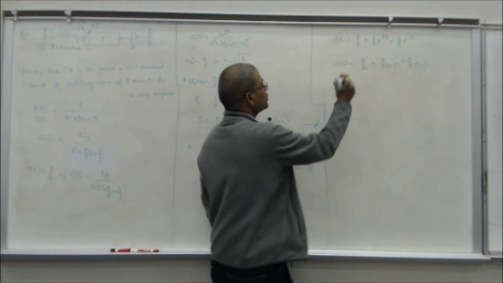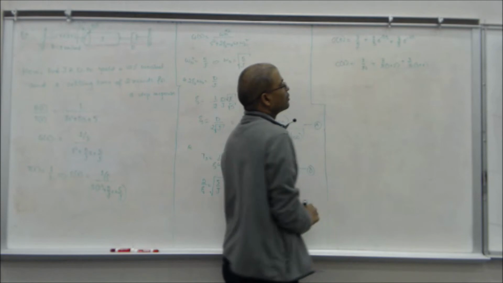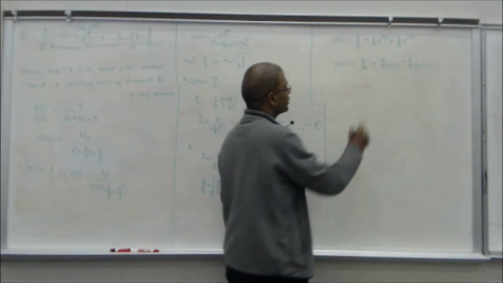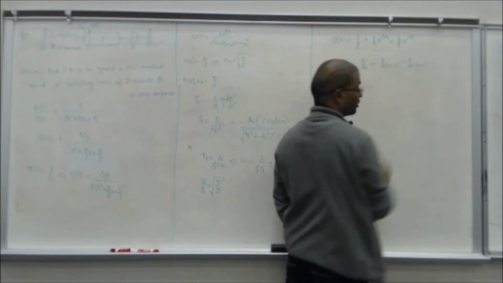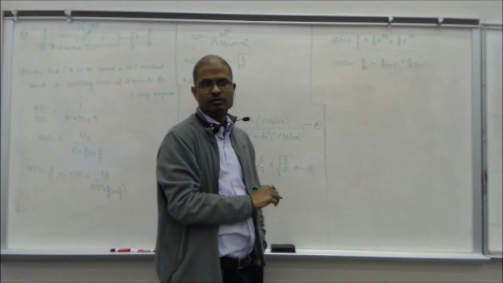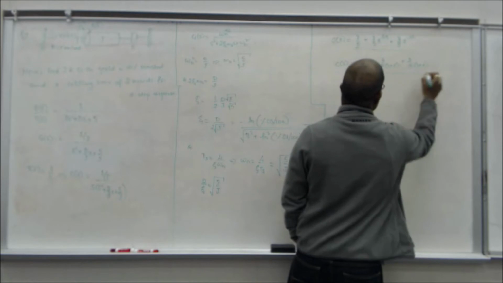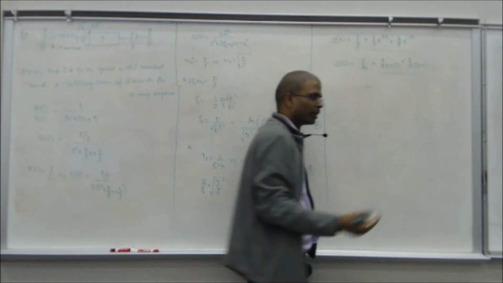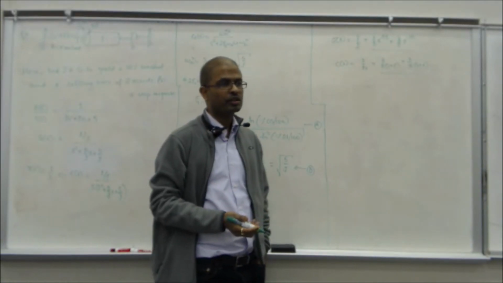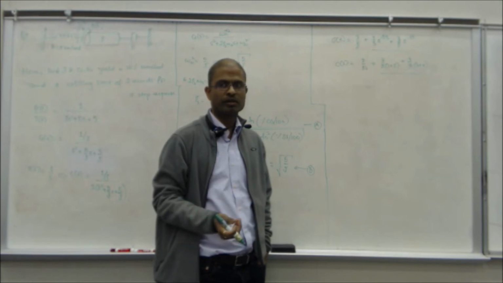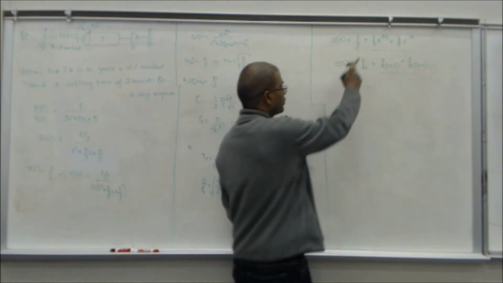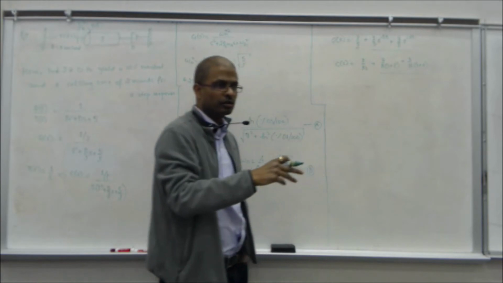So this is your forced response and this is your natural response, right? Anything that is exponentially decaying is generally regarded as natural response. And this is a forced response because this comes from the input.